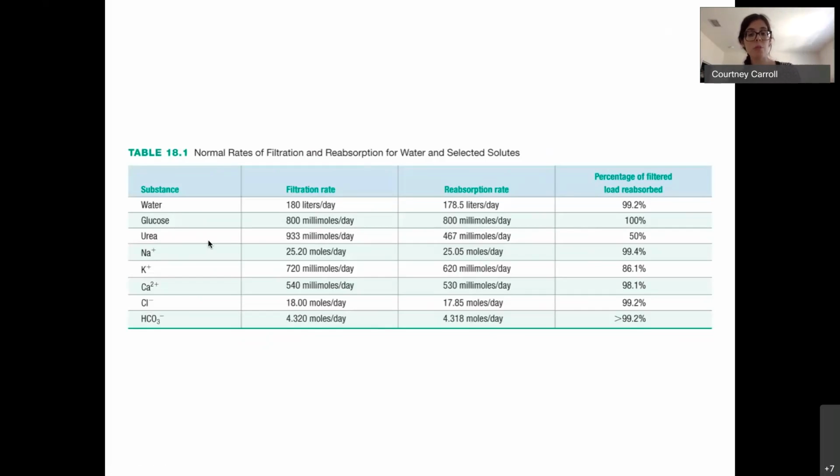Sodium, we usually bring back. Chloride, we usually bring back, etc. So for most of these necessary solutes, we're going to take what we need. And these numbers, the percentage will vary depending on, again, your diet, your environment, your exertion level, all of that.